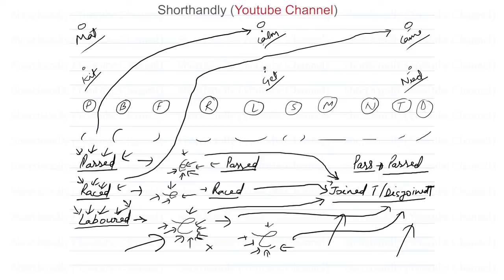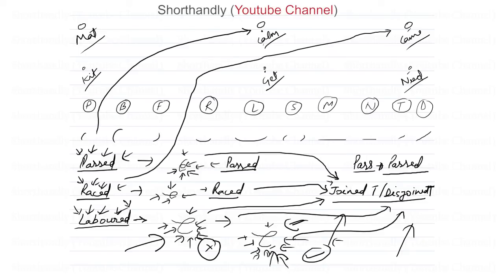So we won't be using the joined T method here, because first it's not easy to write, and second it's not easy to identify the additional T. But if we look at this one, we used the disjoined T, which means we did not attach this T to this R. It is very comfortable to write, and it is easy for us to identify this additional T.